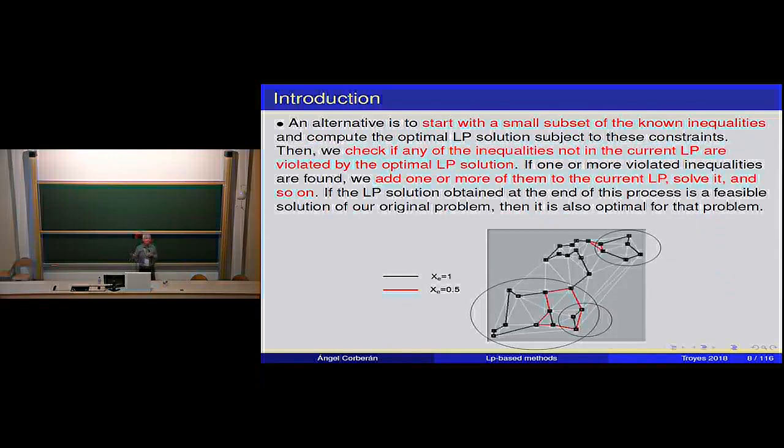What is the alternative? The alternative is, since I cannot add all the linear inequalities that I know for my problem, then what I do is just add a few.